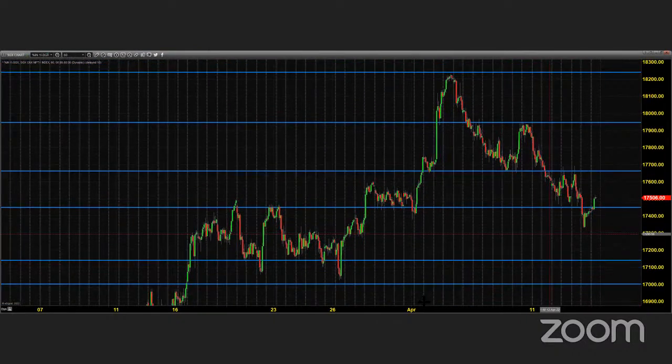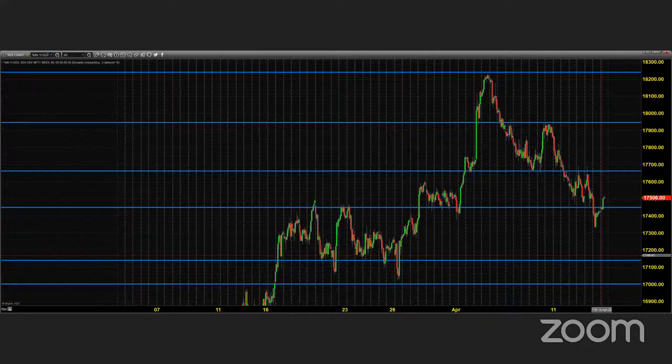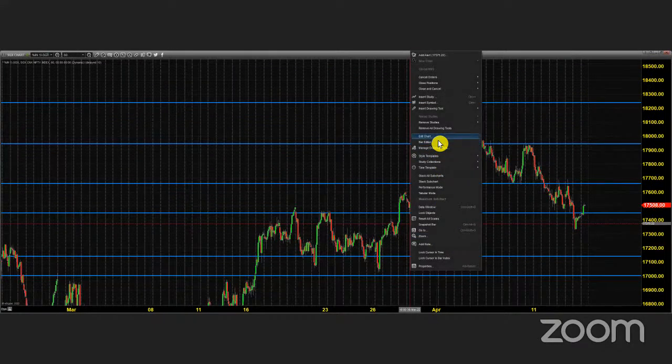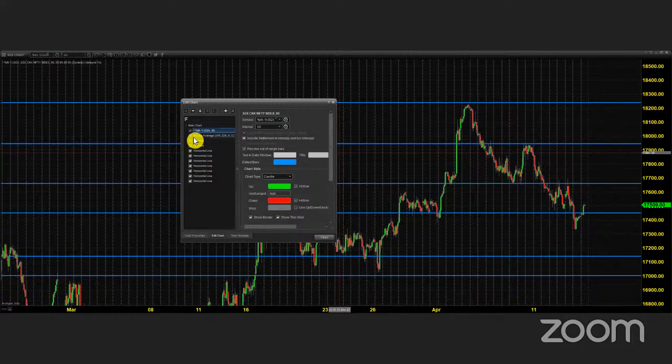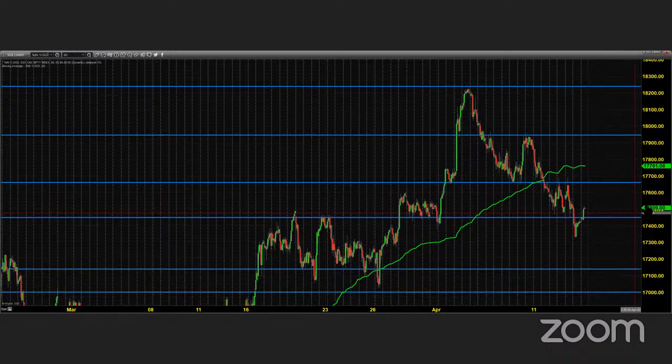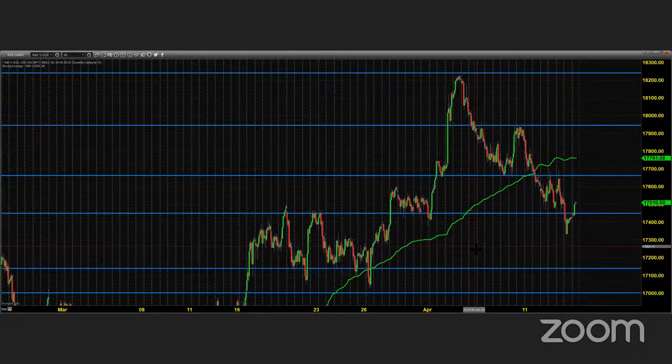In order to get a grasp of what is happening, you can use some technical tool, and normally what I prefer to use is a sort of moving average. I use it to get some understanding about the volume which is playing under the price. So what I have added is a volume weighted moving average.